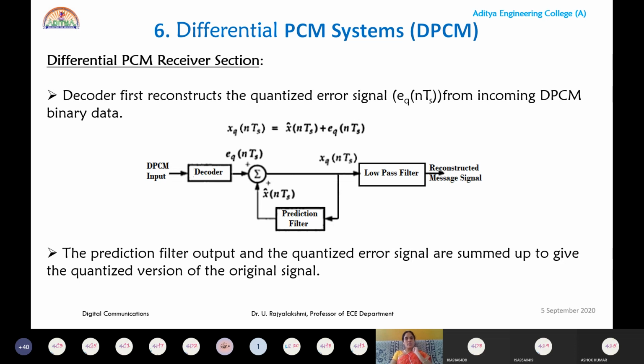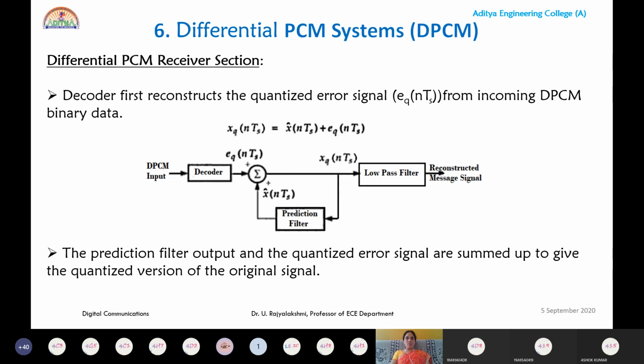The difference data bit sequence is applied to the receiving section, and initially it is collected by the decoder. What will this decoder do? It takes that binary sequence and generates the quantized error signal eq of nTs. Now that quantized error signal eq of nTs is applied to the summer.